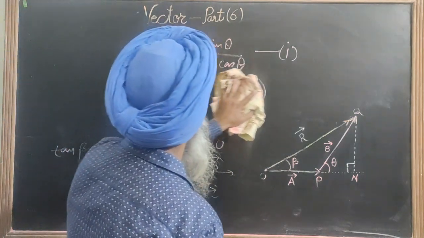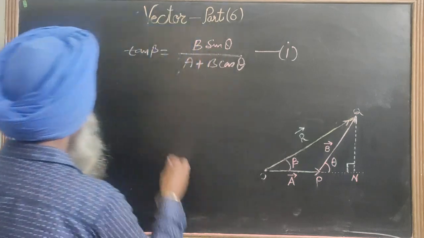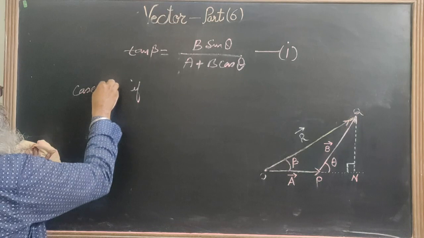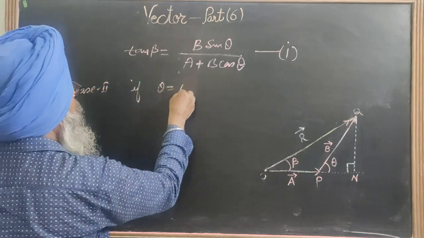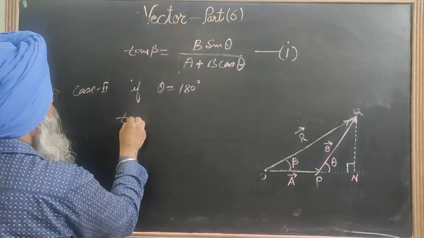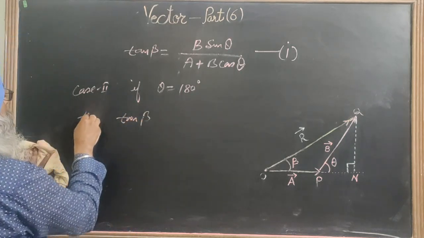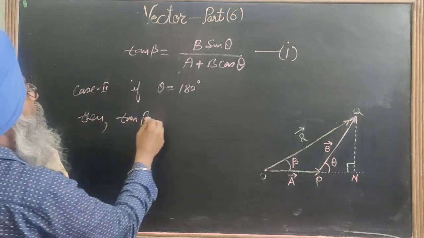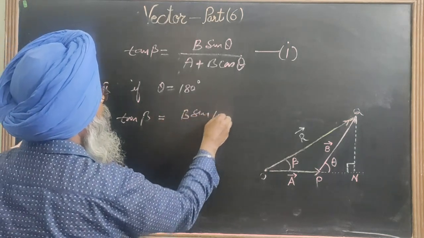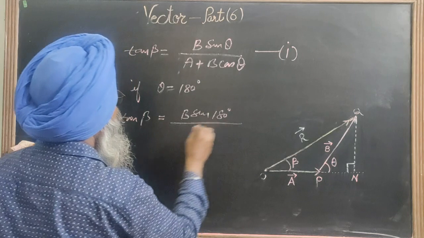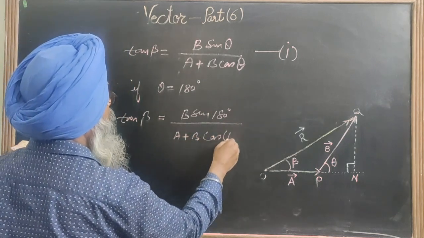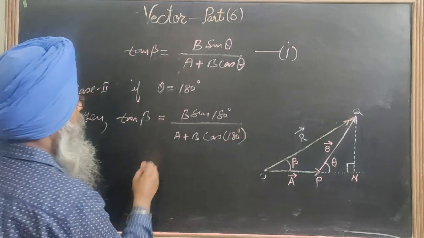Now the second case. Case number 2, if theta is equal to 180 degree, then tan beta is equal to B sine 180 degree divided by A plus B cos 180 degree.